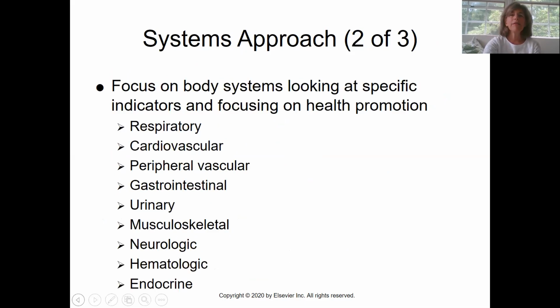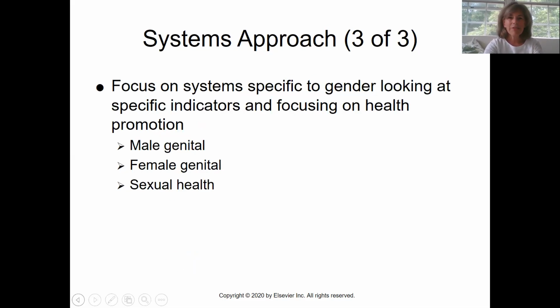We focus on these body systems for indications related to their health: respiratory health, cardiovascular, peripheral, GI, urinary, musculoskeletal, neurologic, hematologic, which is often overlooked, and the endocrine system, which is my favorite, another system that's often overlooked. So we focus on that gender related to indications, then on male and female genitalia and sexual health.